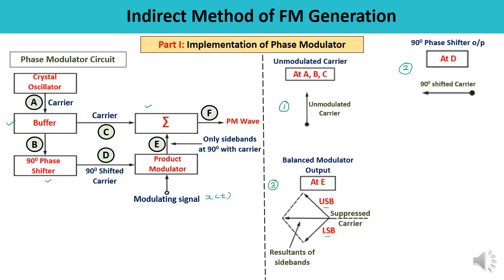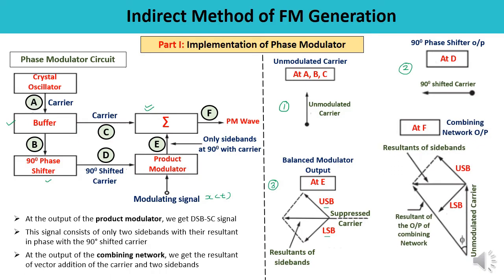Now these two sidebands and the original carrier are applied to the combining network. At the output of the combining network, we will get the resultant of vector addition of carrier and two sidebands. You can see this fourth one.